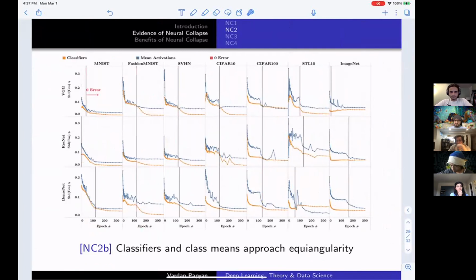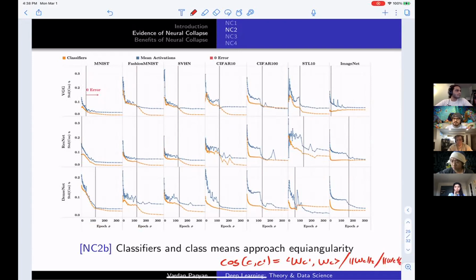The next plot shows the standard deviation of the cosine. What is a cosine? We define the cosine of classes, let's say C and C prime, to be, for example, the inner product of W_C prime with W_C, divided by the norm of W_C and divided by the norm of W_C prime.